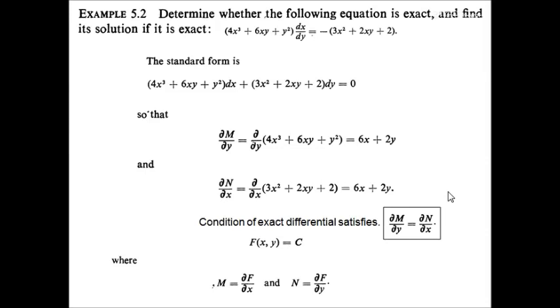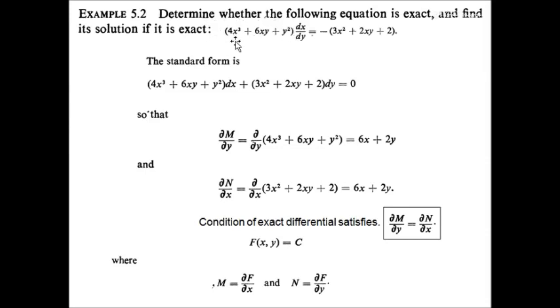Now I'm taking an example: determine whether the following equation is exact or not, and find the solution of this exact differential equation. Consider the differential equation in this form.